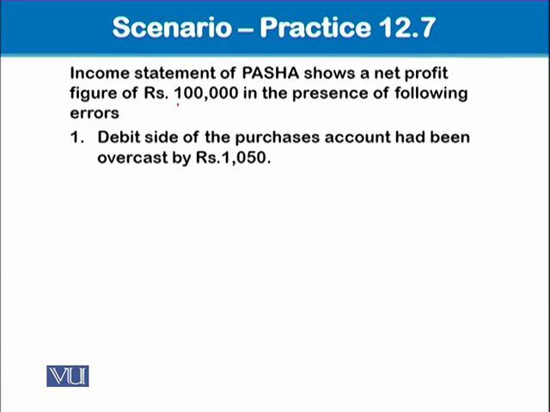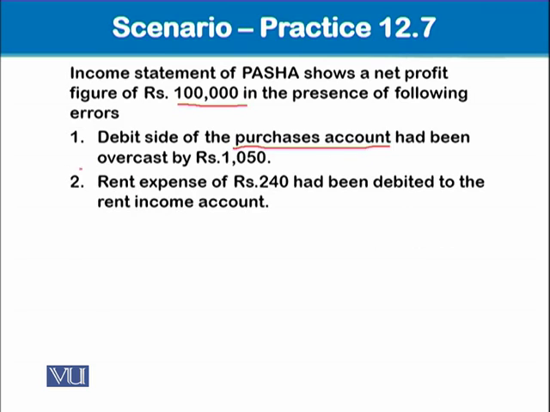And the errors are: debit side of the purchase account had been overcast by 150. So purchase account is involved in this, and we know that purchase account is a nominal head of account.